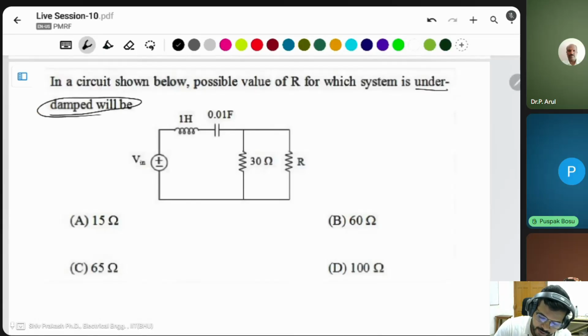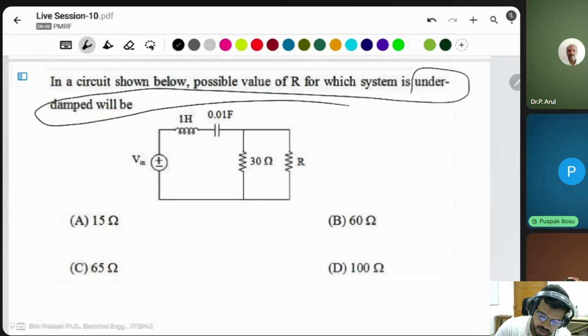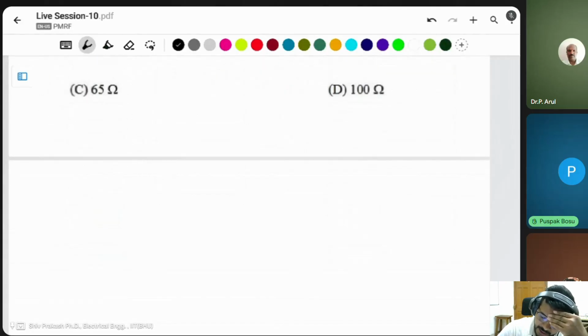Damping system in the question means there are some elements which damp the response of the circuit. It means there is a voltage here, and the current of this circuit will be the response. Damping is of three types, denoted by zeta.